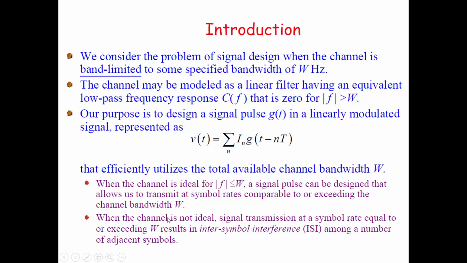The channel is random. When the channel is not ideal, signal transmission at a symbol rate equal to or exceeding W results in intersymbol interference. So if you're trying to send the bit stream at a symbol rate equal to or exceeding W, it results in intersymbol interference amongst a number of adjacent symbols.